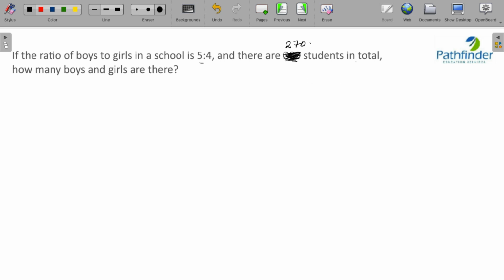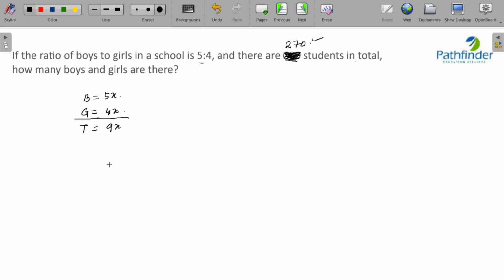So suppose the number of students is 270 and the ratio of boys to girls is 5:4. It means that the number of boys is a multiple of 5, the number of girls is a multiple of 4. Total 5 plus 4, 9x.